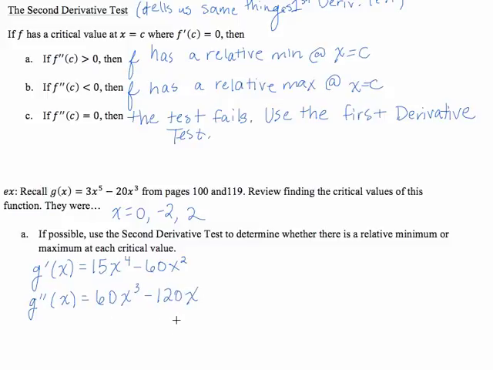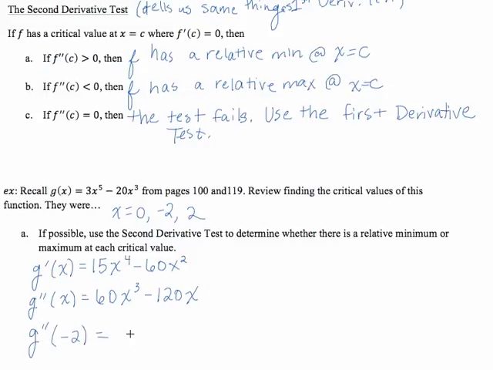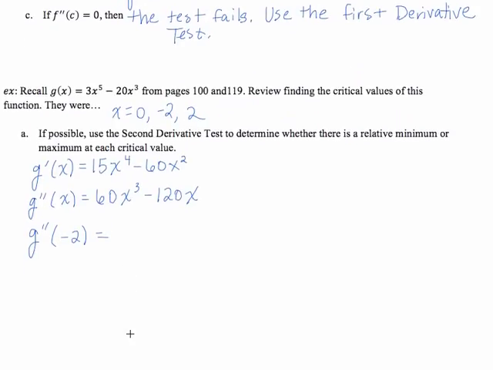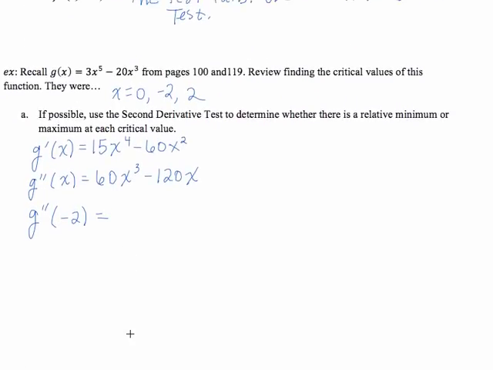We don't need to solve; we need to plug the critical values into that second derivative. So we're going to take g double prime of negative 2, g double prime of 0, and g double prime of 2. For g double prime of negative 2, I'm plugging it into the second derivative.